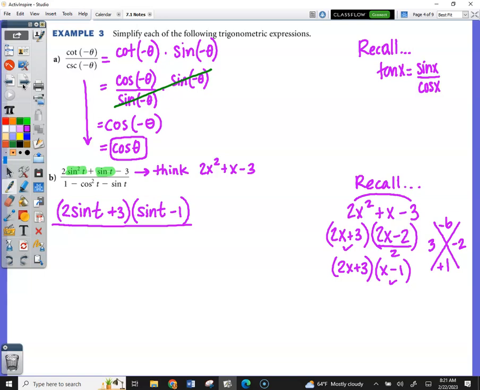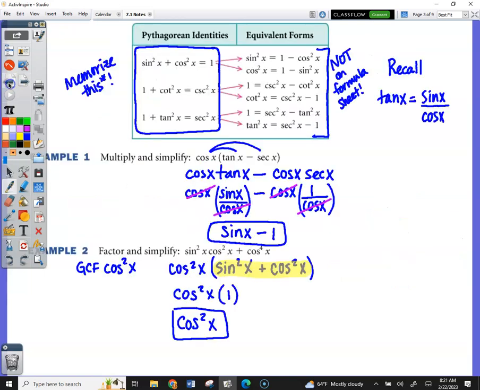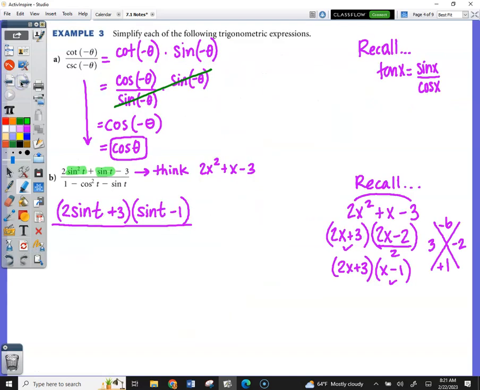Anytime there is a 1, go back to this one and think to yourself, is there a cup game here? Is there a shuffling that would help me reduce this down or write something smaller? So back over here, we have 1 minus cosine squared, then minus sine.